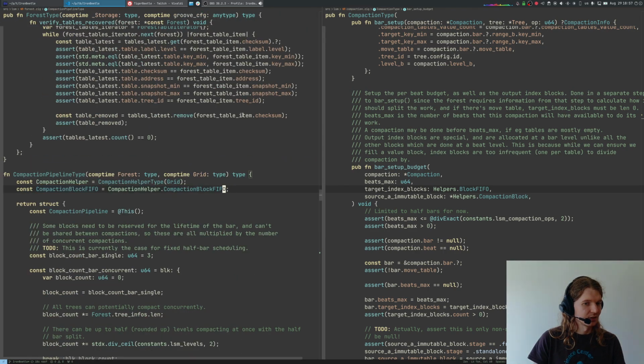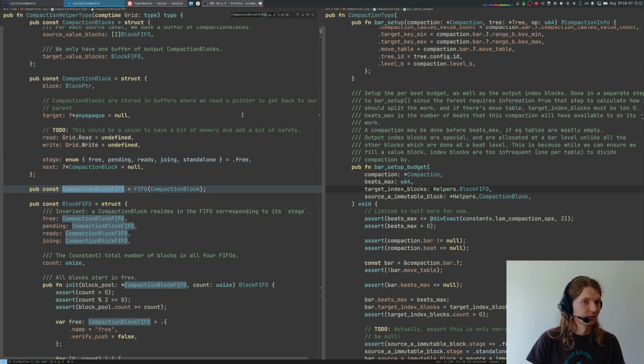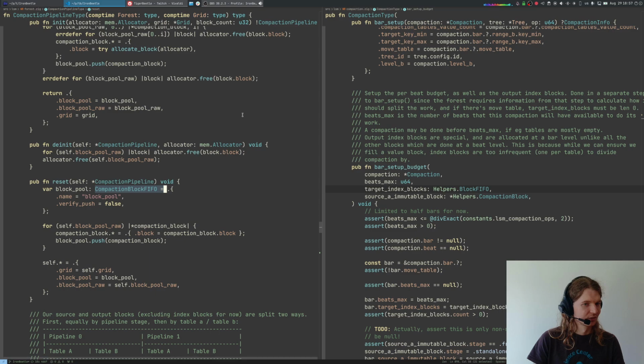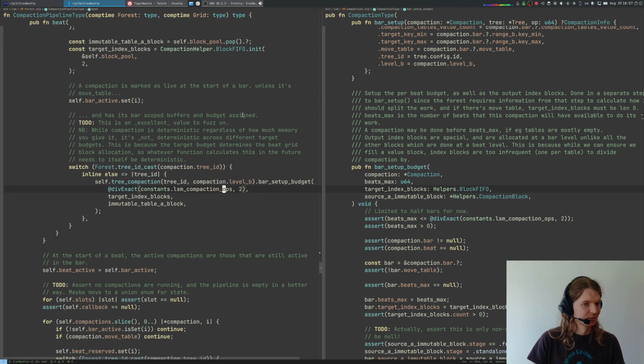And this is a FIFO which contains compaction blocks and compaction. Where? Okay, I'm lost here. So, target index block. It says here that this is block FIFO.